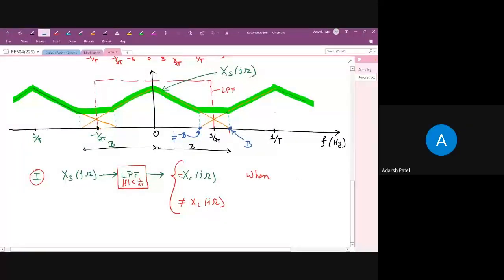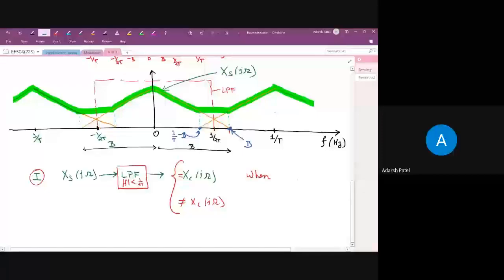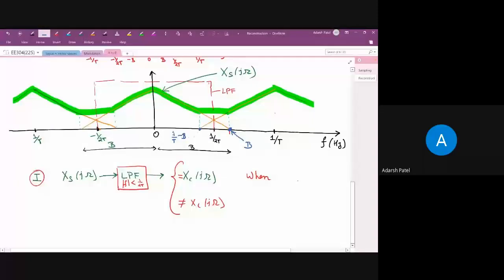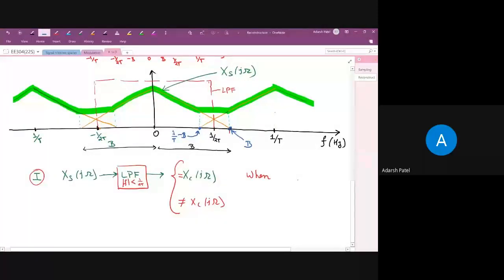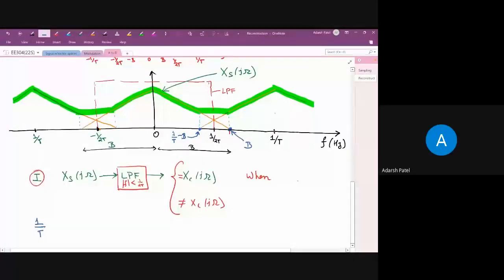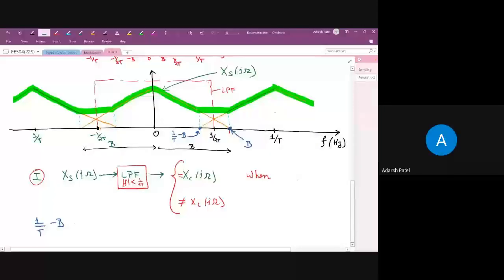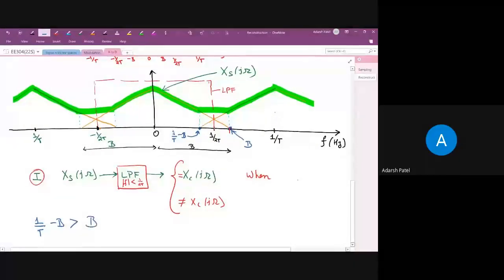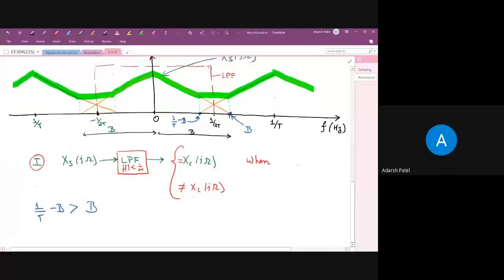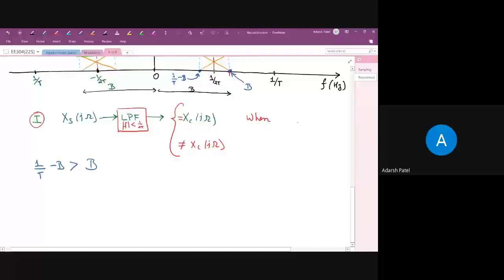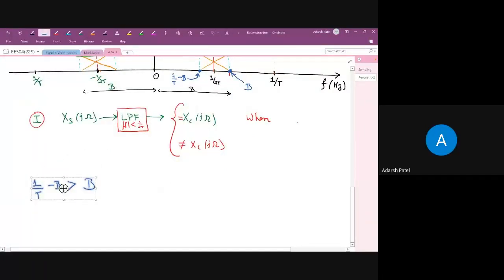So what do we exactly want? We want that this 1 by T minus B should be greater than B, and this is the condition for no distortion. By the way, I haven't named this distortion.